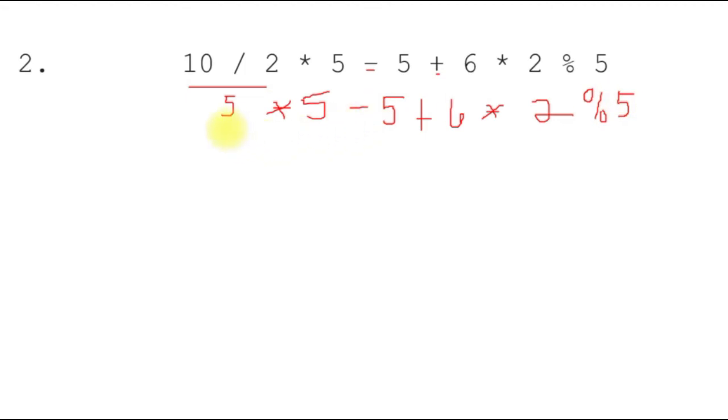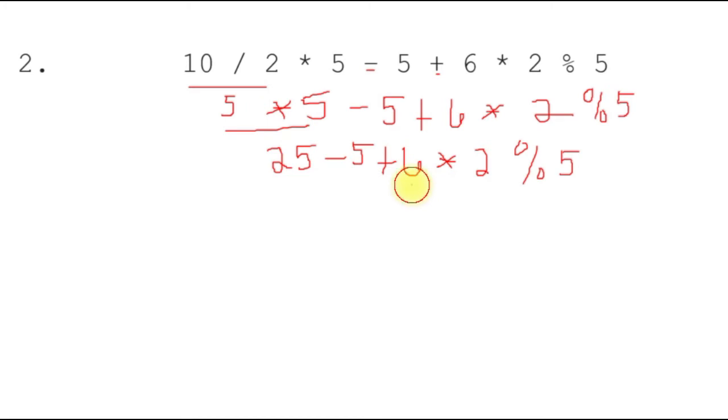So next is 5 times 5. So the answer is 25 minus 5 plus 6 times 2 modulo 5. Next, merong minus and plus dito. So, skip natin yan. Proceed tayo sa multiplication.